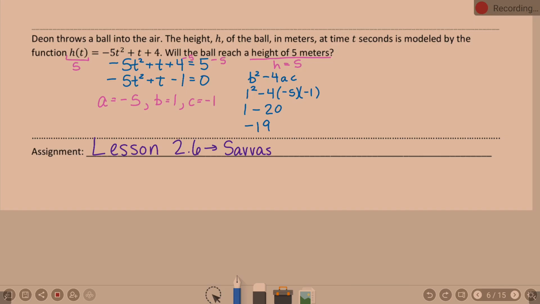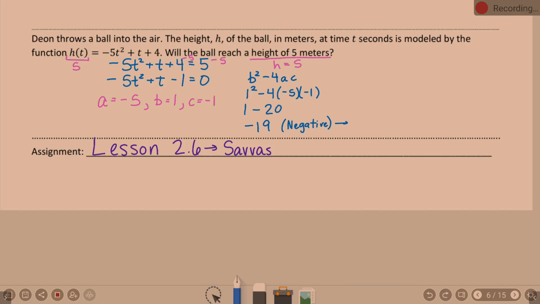What do you think this tells me? Okay. So negative 19 is, let me state the obvious, it is negative, right? What does a negative discriminant tell you? Non-real. We're talking a football in the air. Do we care about non-real answers? No, the two non-real answers is the equivalent of saying 0 real solutions.